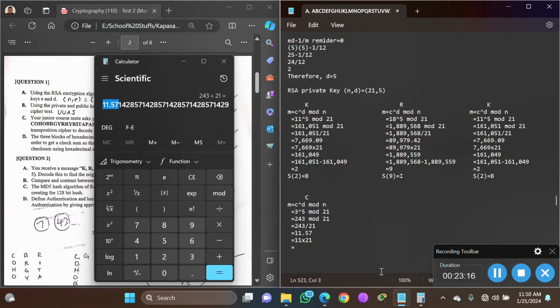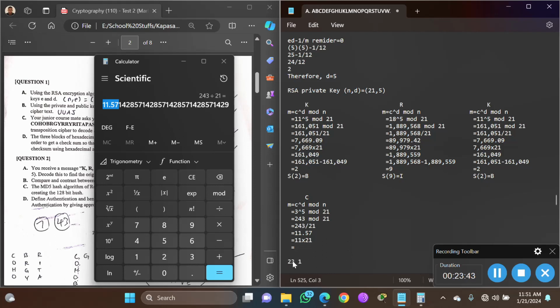So now let me show you how we deal with multiplication by 11. If you are multiplying by 11, you need to separate the digits of the number you are multiplying. So you have 21, which is 2 and 1. You need to ask yourself, what is 2 plus 1? It's 3.